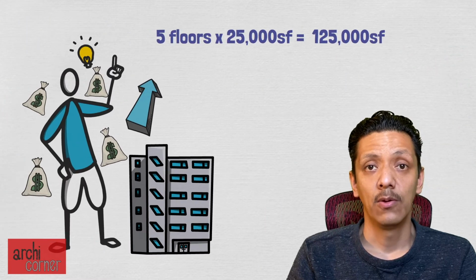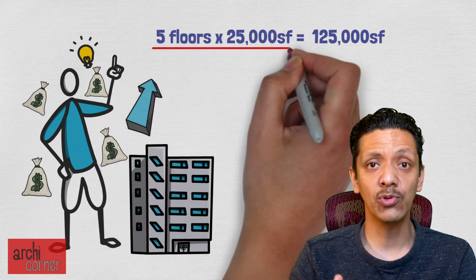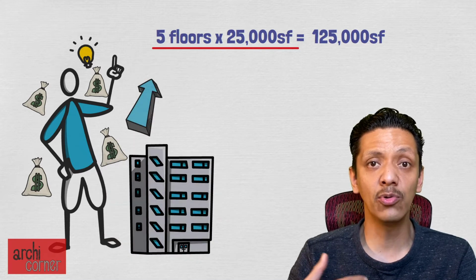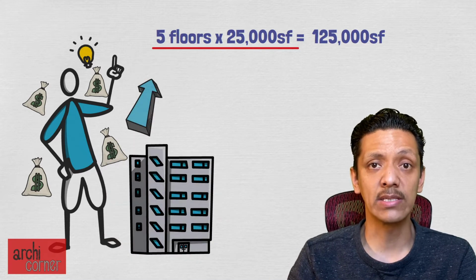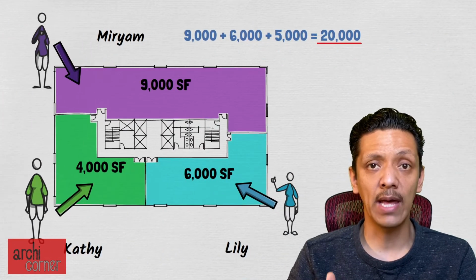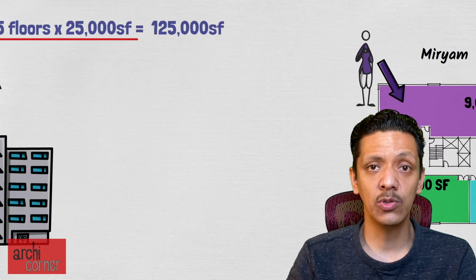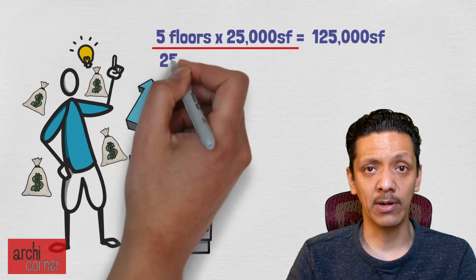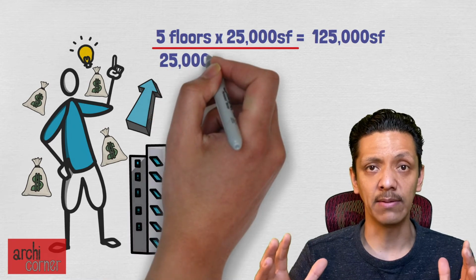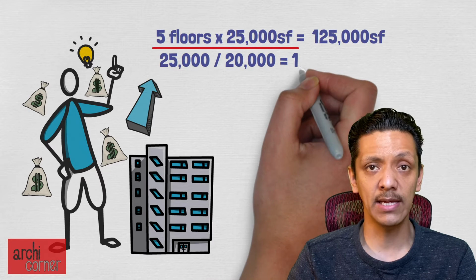square feet. Remember, Johnny was expecting that each floor would have 25,000 square feet that he could rent out. But as we can see from the spaces that these 3 gals are taking, they simply don't add up to 25,000 square feet. So what does he do? Well, he figures out a formula where he takes the square footage of the entire building and he divides it by the usable space that these tenants are taking.